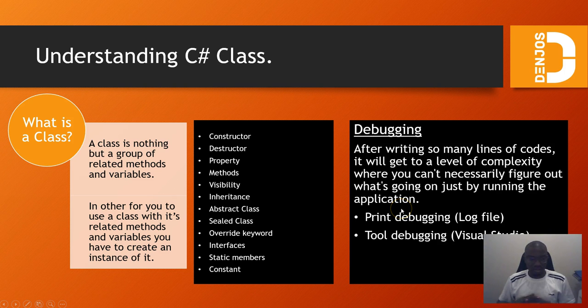I believe you know where we are, which happens to be the print debugging log file, which we talked about on the 7th video, and now we're about to go to tool debugging in Visual Studio. All right, so let's go write some code.